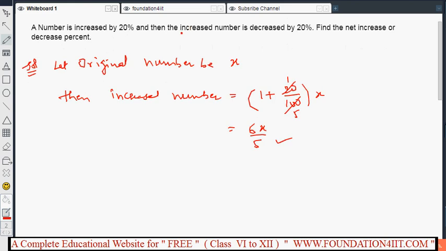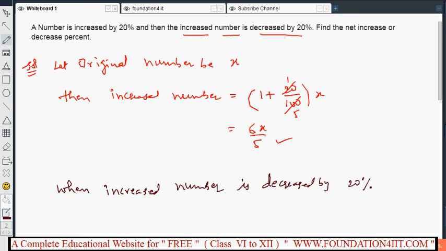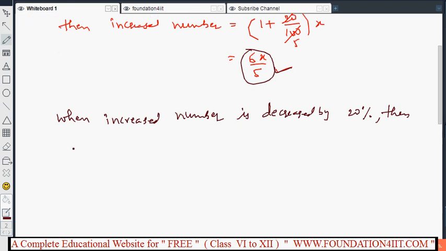Now according to the condition, when the increased number is decreased by 20%, from the increased one, 6x by 5, finally the decreased number is equal to 1 minus 20 by 100 of that particular number.